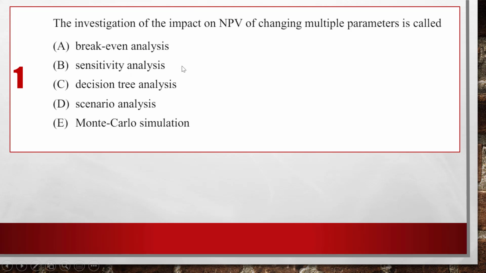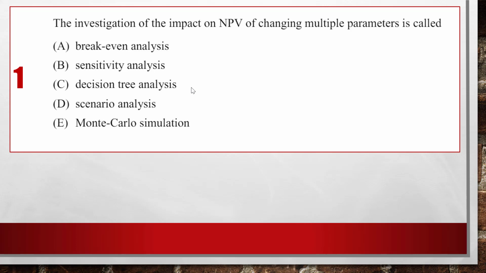Sensitivity analysis considers the impact on NPV when we change only one parameter while keeping the others fixed. So B is not the answer. Decision tree analysis gives you the base case of NPV, considering a couple of options and their probabilities.